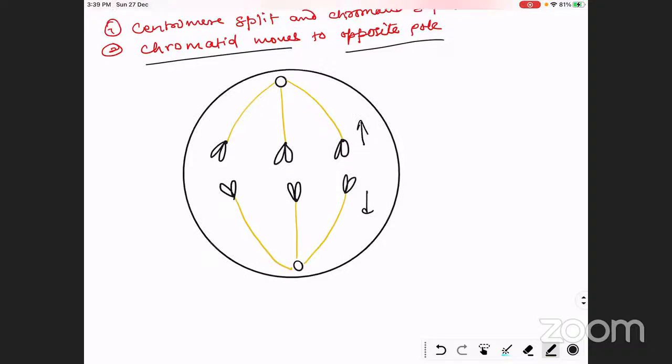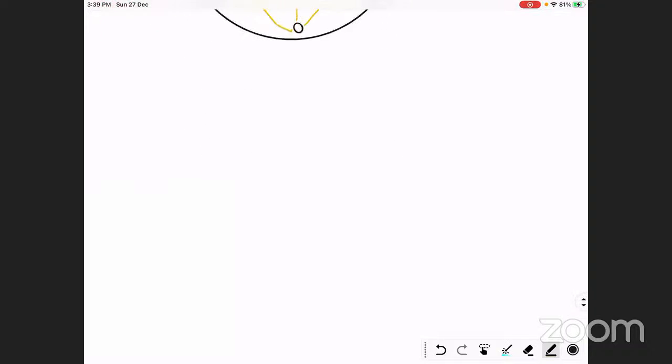Now there will be the last phase of the M phase, that is telophase. In the telophase, chromosomes cluster at the opposite pole, and their identity is lost as a discrete element.